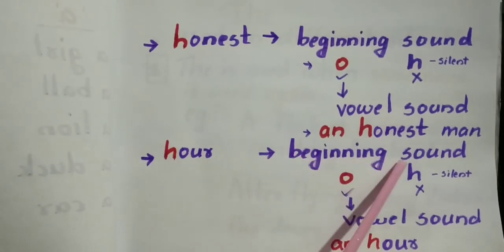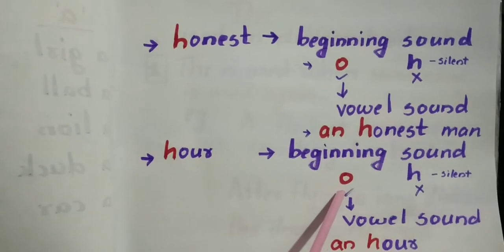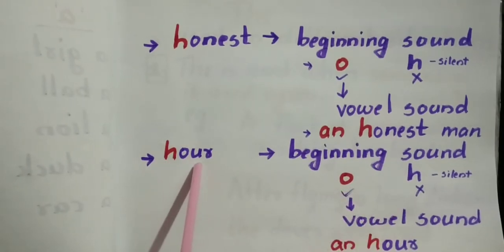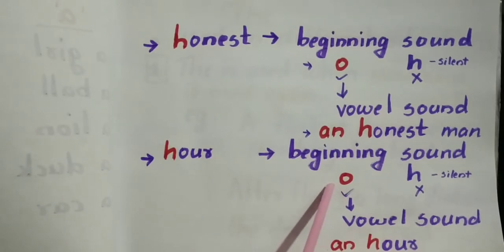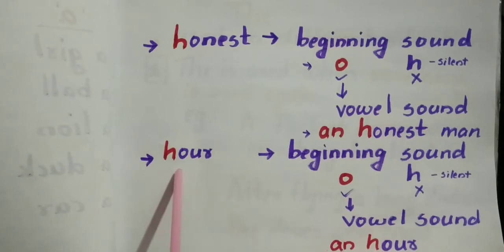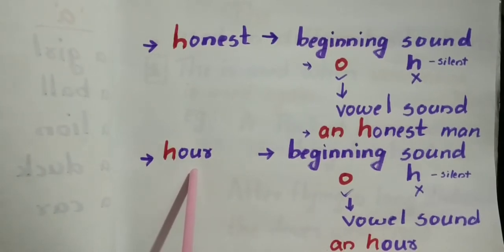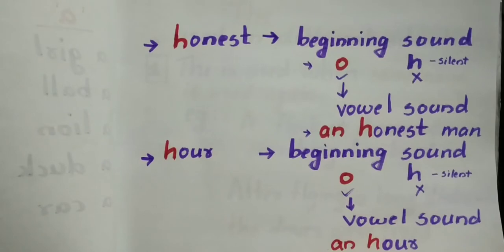The beginning sound of the word is O, not H. It is silent here. So the beginning sound is O, and O is a vowel sound. So we will add an to this word. We won't add a because it begins with a vowel sound. There are many other words like this. We have to look for the consonant or vowel sounds, then add a or an before them.